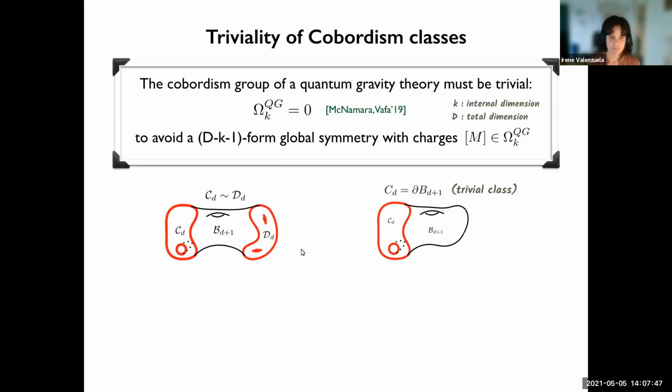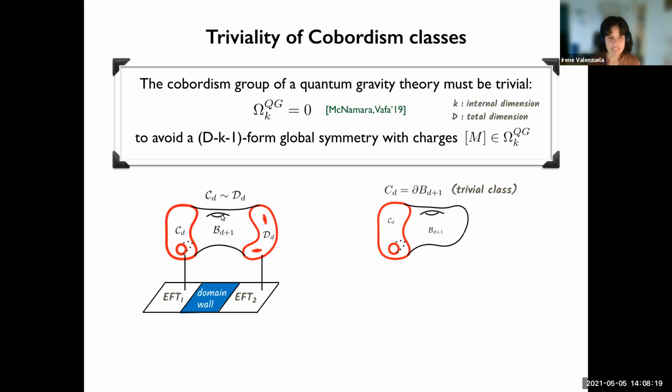Okay, so the idea is that if you have your quantum gravity theory, like string theory, in higher dimensions, in dimension D, and you compactify that theory on one of these manifolds, you are going to get some effective field theory in the infrared, of dimension D minus K, where these K are the internal dimensions, the compactified space.